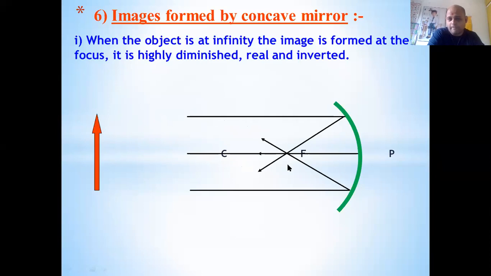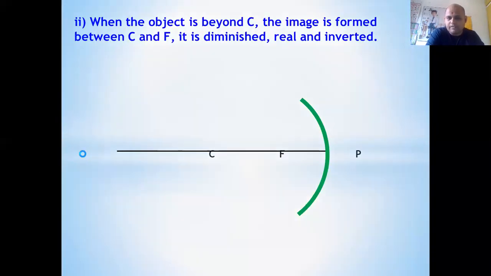Noted, everyone? Very good. So when the object is very far in front of a concave mirror, the image will be at the focus, very small, highly diminished. It will be real and inverted. Got it everyone?